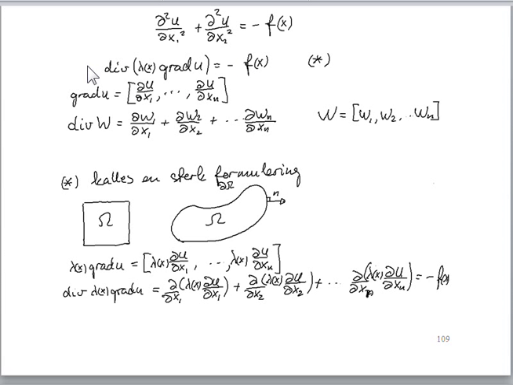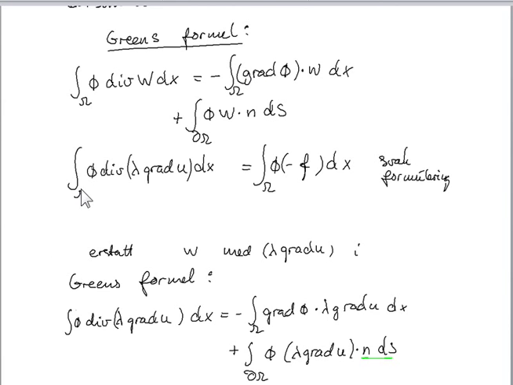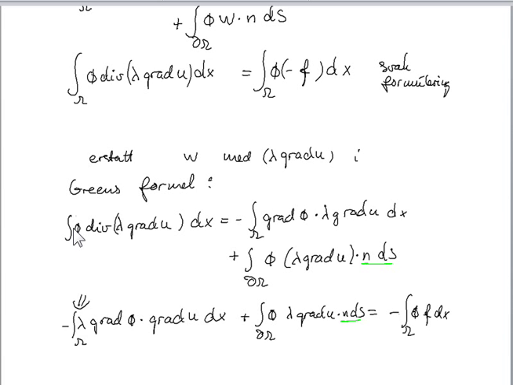Then of course we get a new identity, and integrating this equation on both sides over omega, we obtain, by using Green's formula, the following. So we are first multiplying with this function phi on both sides, integrating and using the Green's formula here.